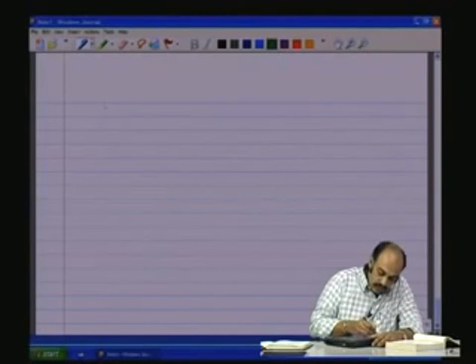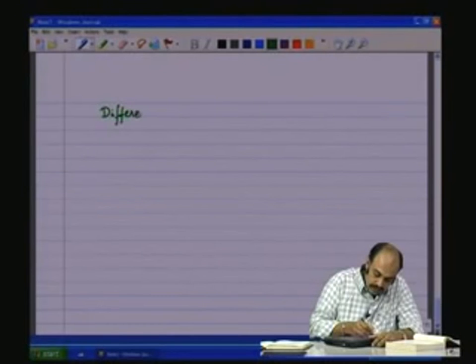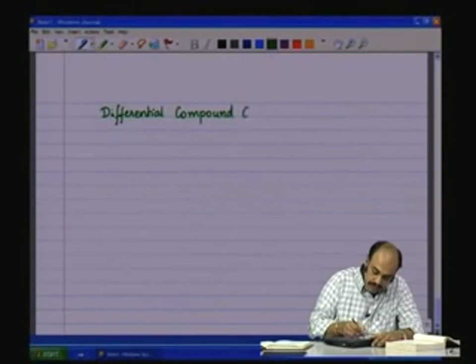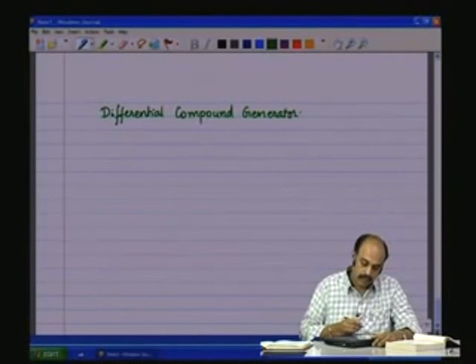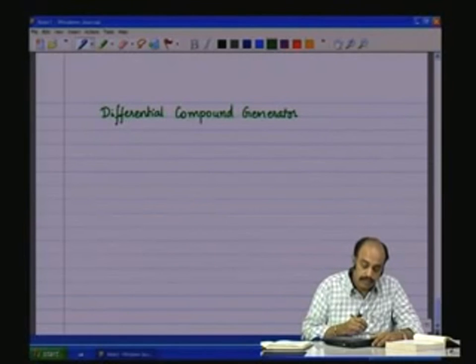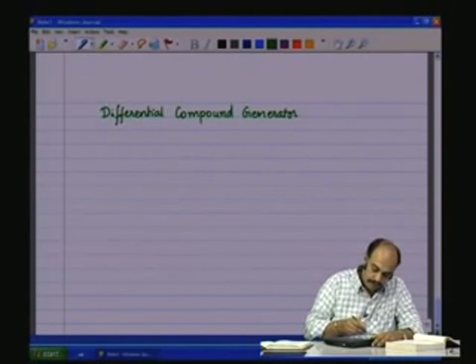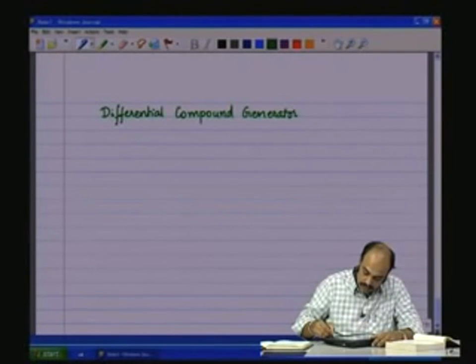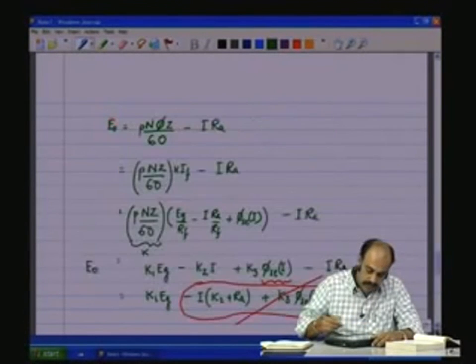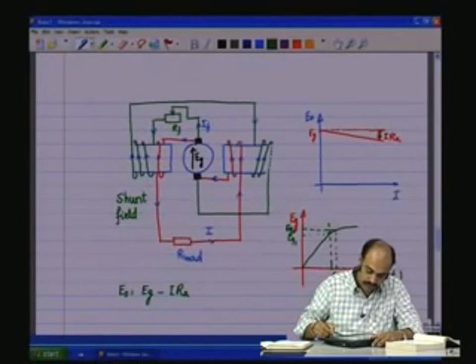There is one more compounding effect, which is the differential compound generator. In the case of the differential compound generator, the series field winding is reversed.